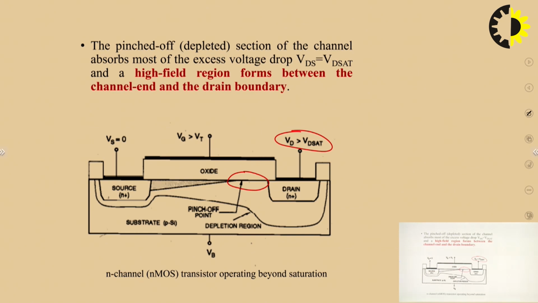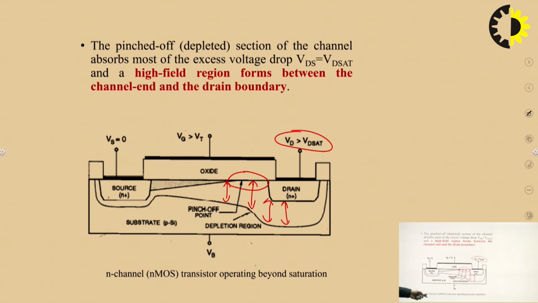The depletion region keeps on growing towards the source. This is the depletion region, and it is moving towards the source as we are increasing the drain voltage.